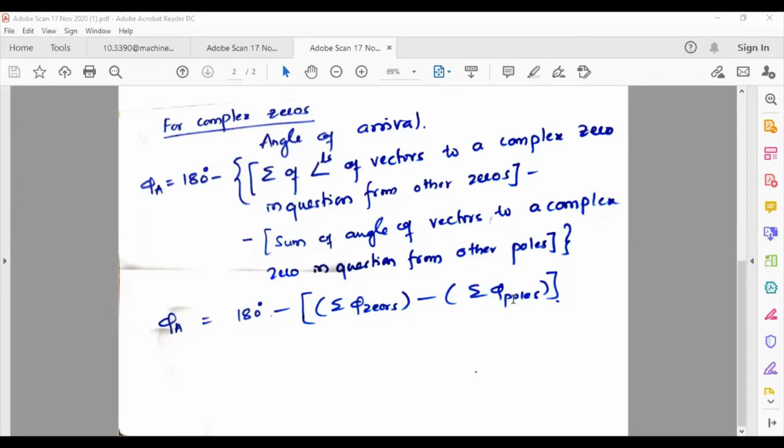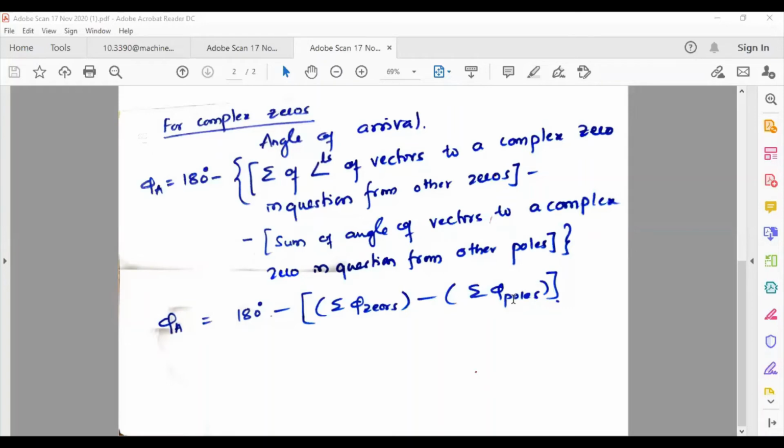Third step, check whether breakaway and break-in exist. Next, fourth, check whether a complex pole or complex zero exists.